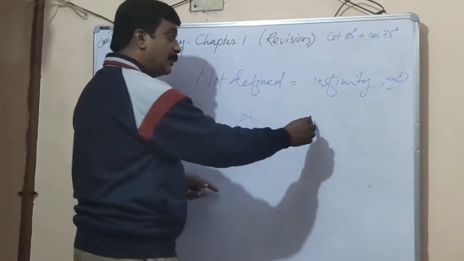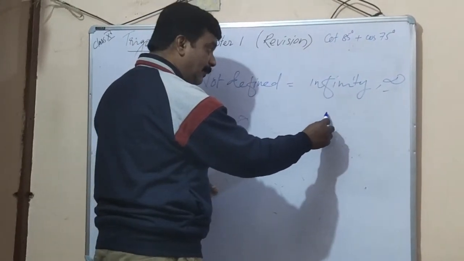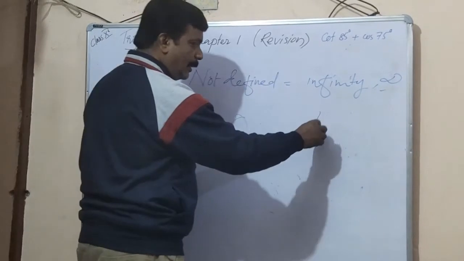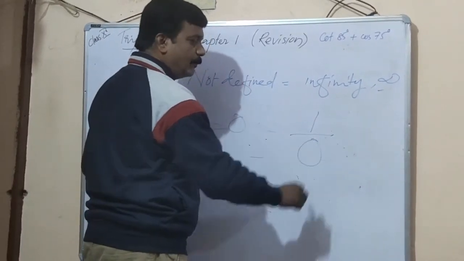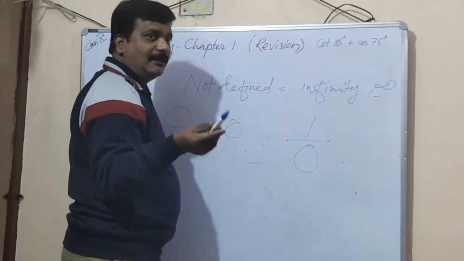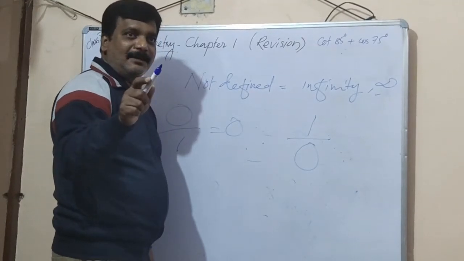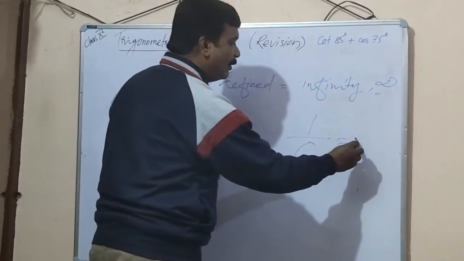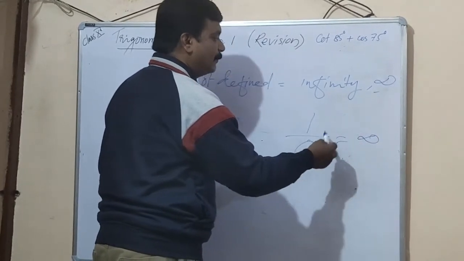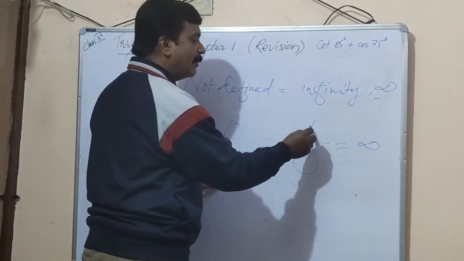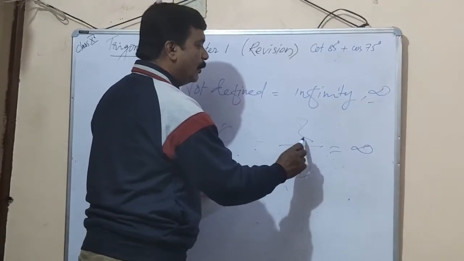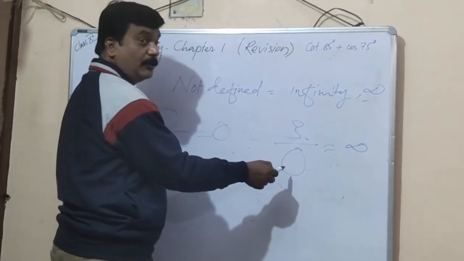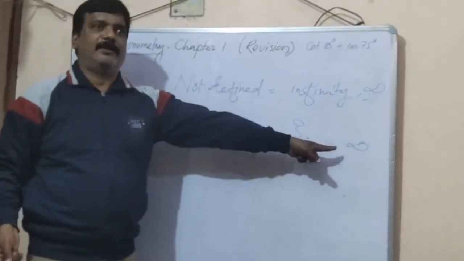But what about any rational number divided by 0? That means division with 0 is not defined. Its value is not defined. That means it can be any number, say 2 or 3, any rational number upon 0, that is not defined.